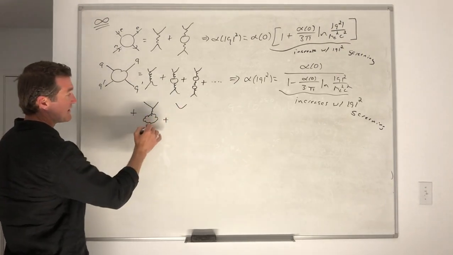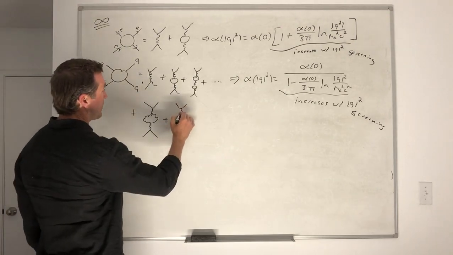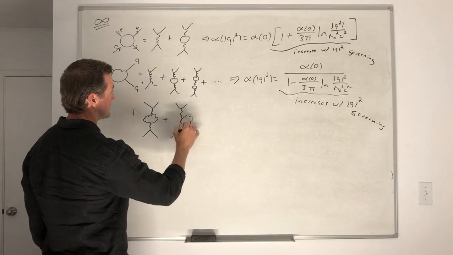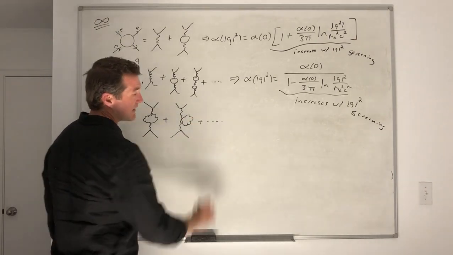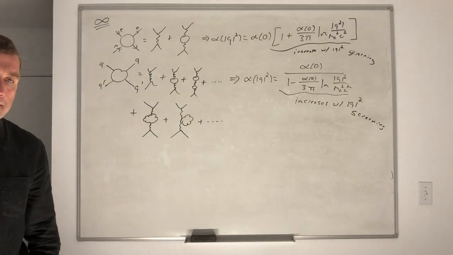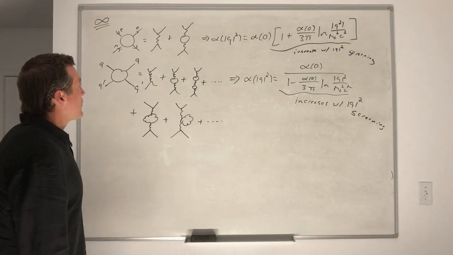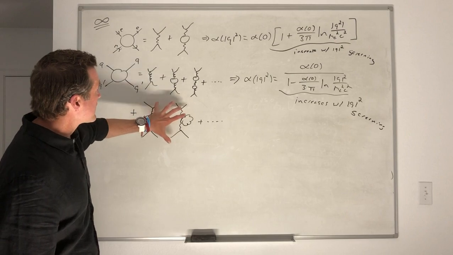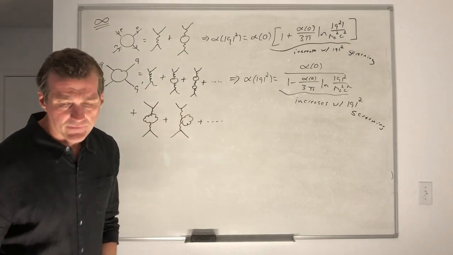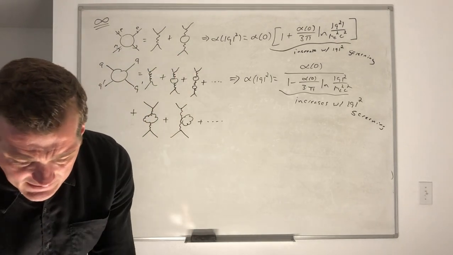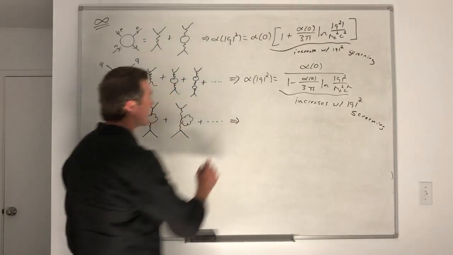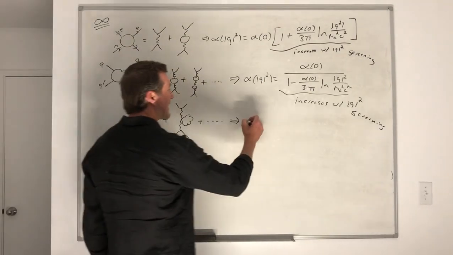That's using the 3 gluon vertex. Or you can use the 4 gluon vertex, etc. It's not clear what these are going to do compared to these, and we're not going to go through the calculation by any stretch of the imagination, but all I'm going to tell you is that these diagrams contribute anti-screening.